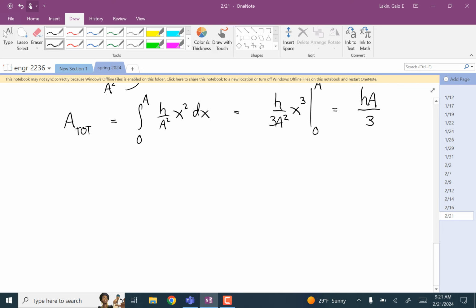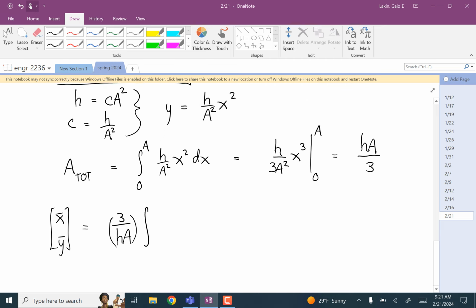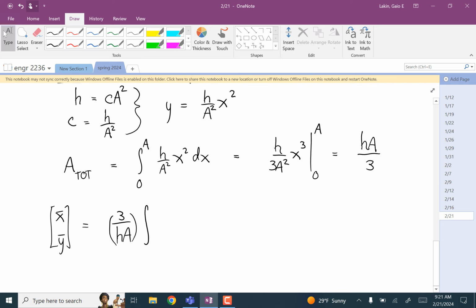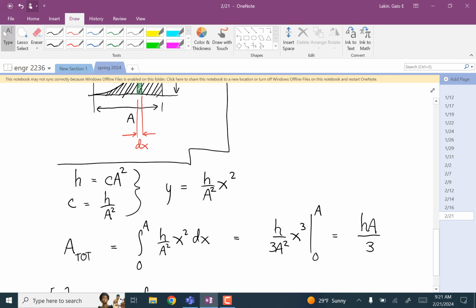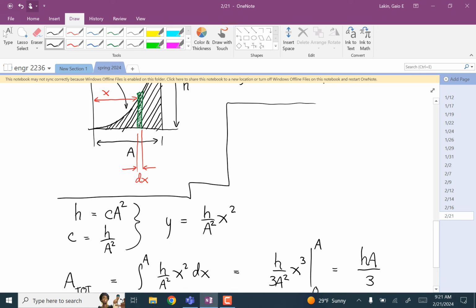And so now we're going to use the integral formula. So x bar y bar is equal to 1 over the total area. So that's 3 over HA. And then times the integral of, so first, the centroid of our given infinitesimal shape.